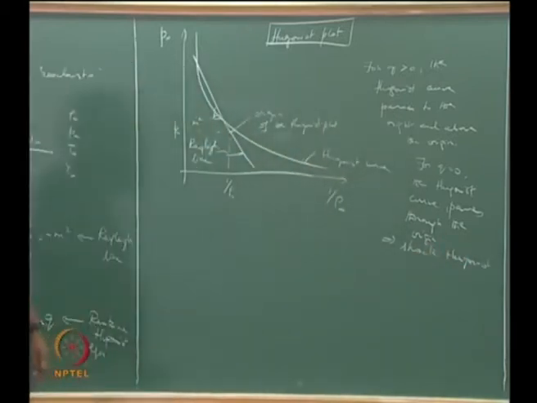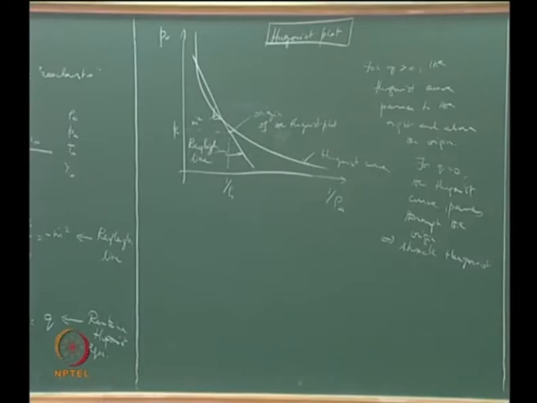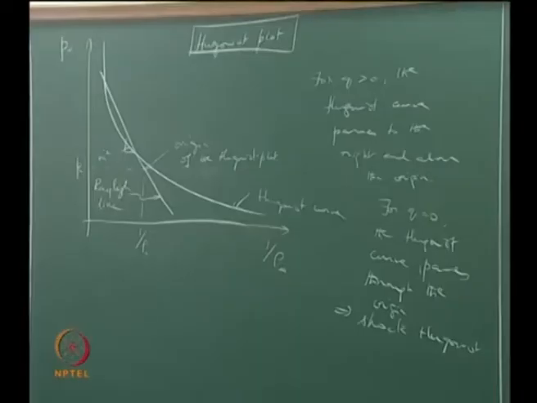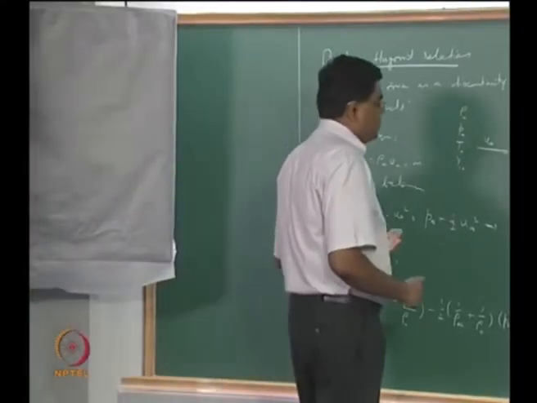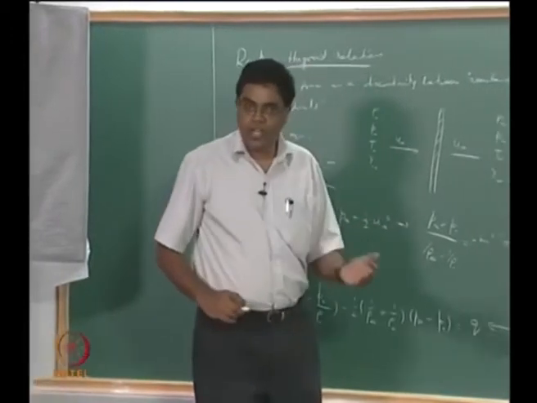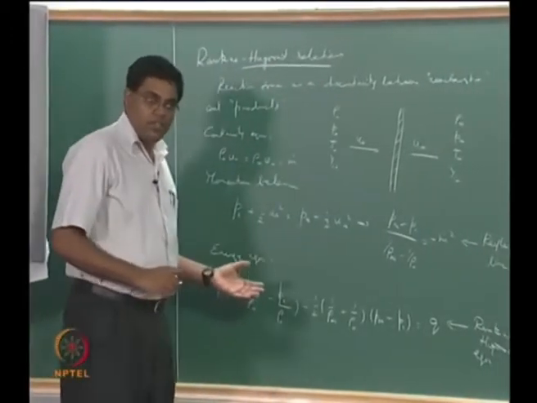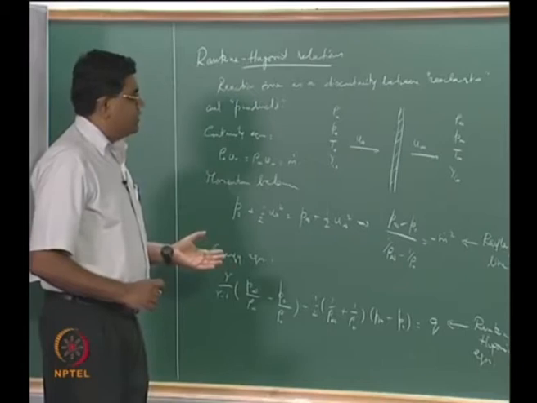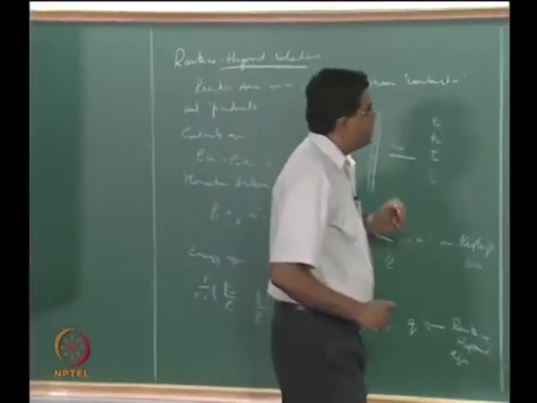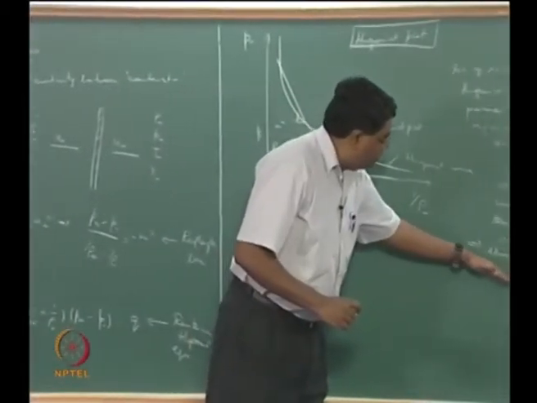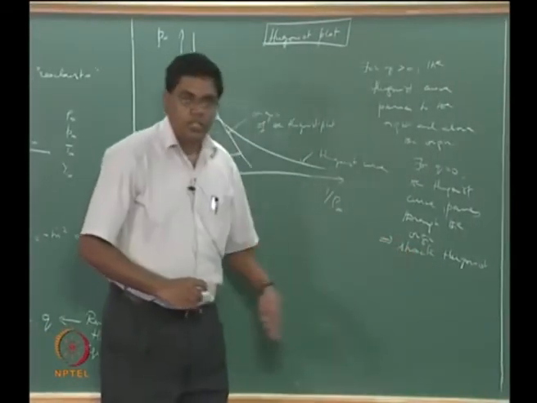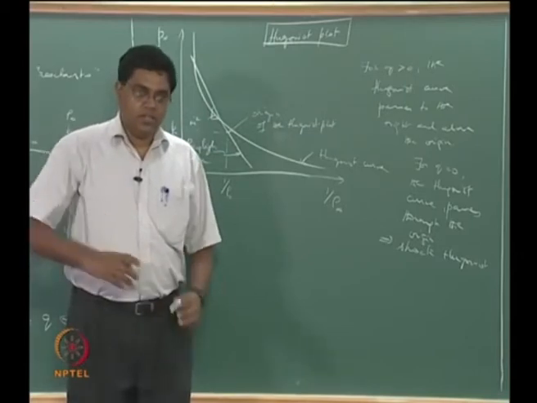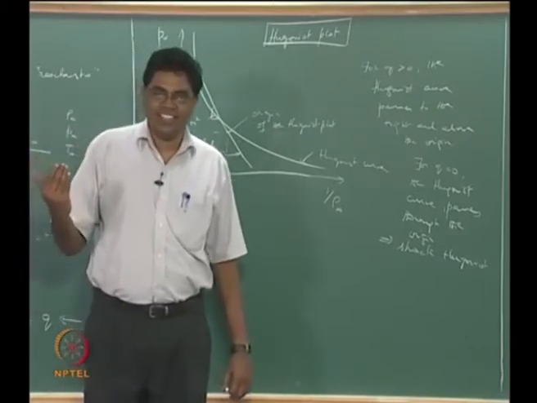Now that tells us that if you have Q not equal to 0, and we typically expect Q to be greater than 0 rather than less than 0, since we are not looking at a cooling kind of thing, what is it when you have a wave that is reacting in addition to being a shock?